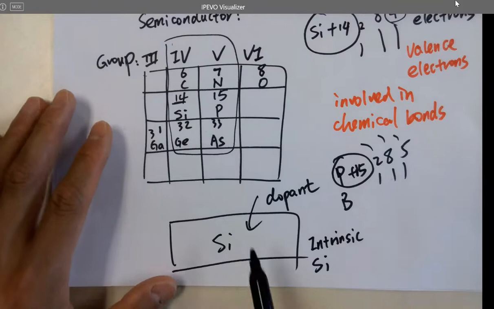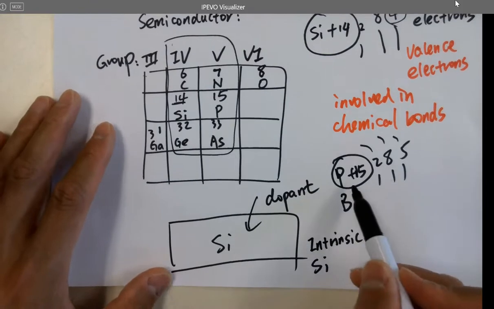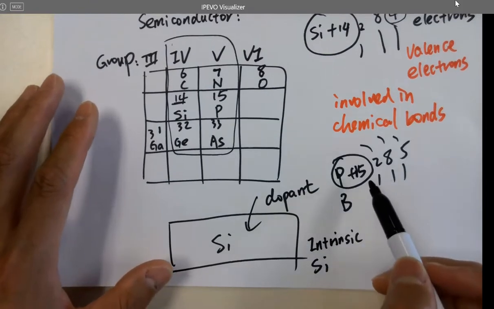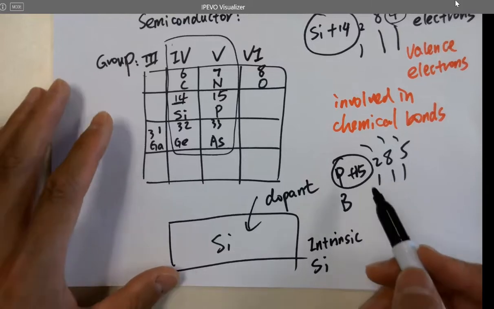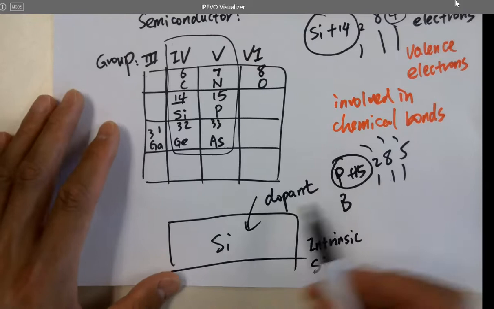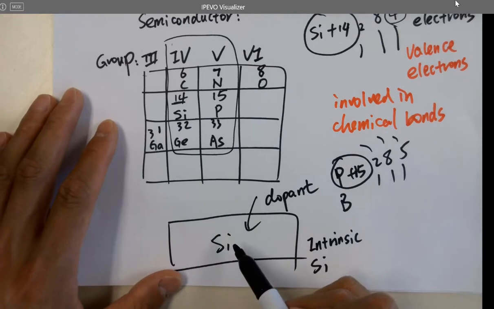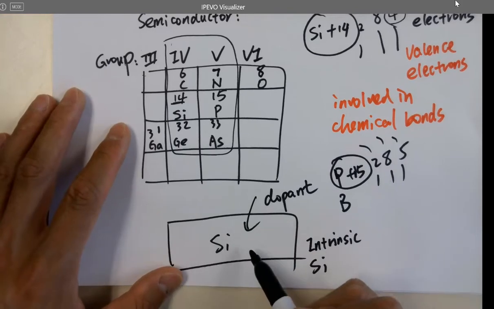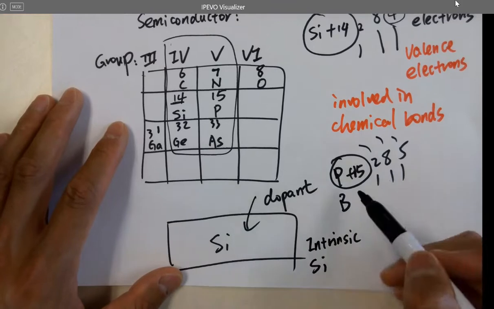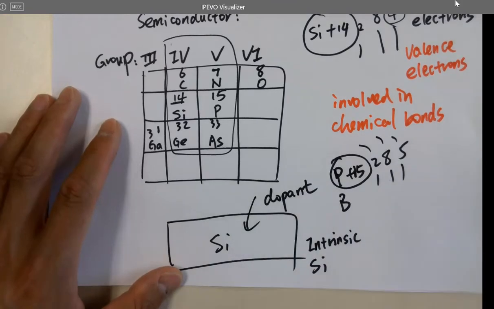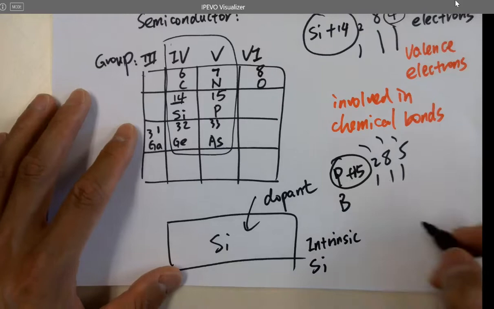And how do you dope intrinsic silicon with phosphorus? High pressure, high temperature. I think Dr. Jessing is the expert on that. He will probably introduce how to make a doped silicon wafer, since it's not intrinsic anymore. If you dope phosphorus in there, it's very interesting. Just don't get confused: there are mainly two types of semiconductors, P type and N type.